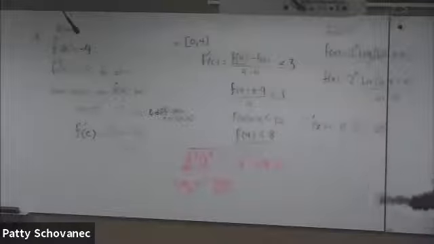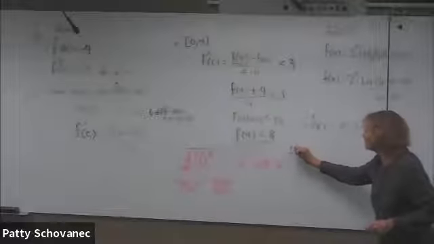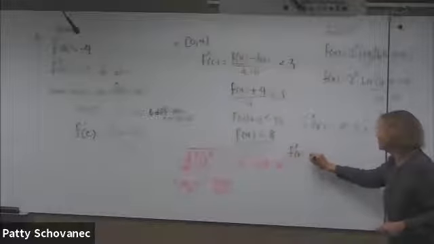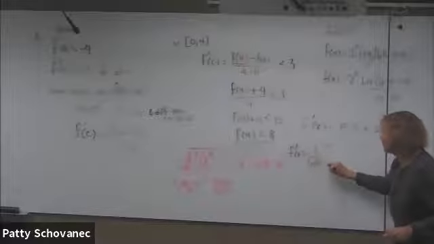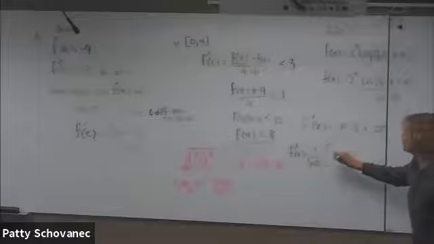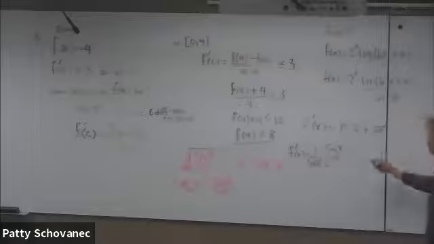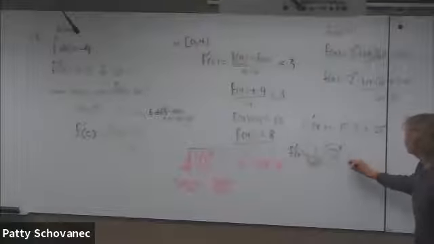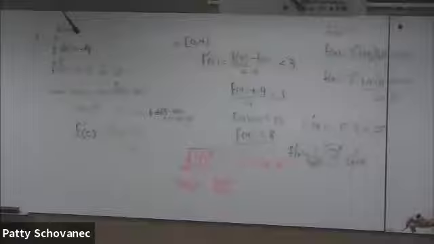I'm going to pull it out. Here's the constant that I'm pulling out. And here I'll do product rule. So the first is 2 to the x. The derivative of the second is 1 over u times u prime. So here's the 1 over u. And here's the u prime.